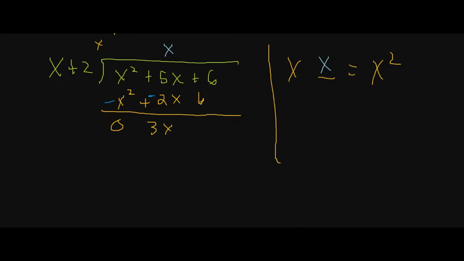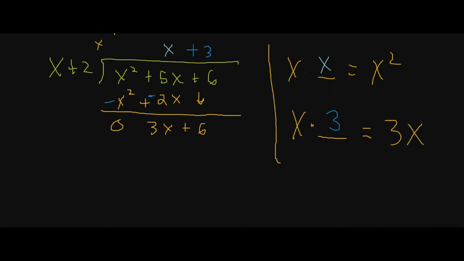And now we just bring down the 6, and we're going to get plus 6. Now I'll write in this corner, x times what is going to give me this term right here, 3x? Well, it's just 3. So we know that this is going to be plus 3.